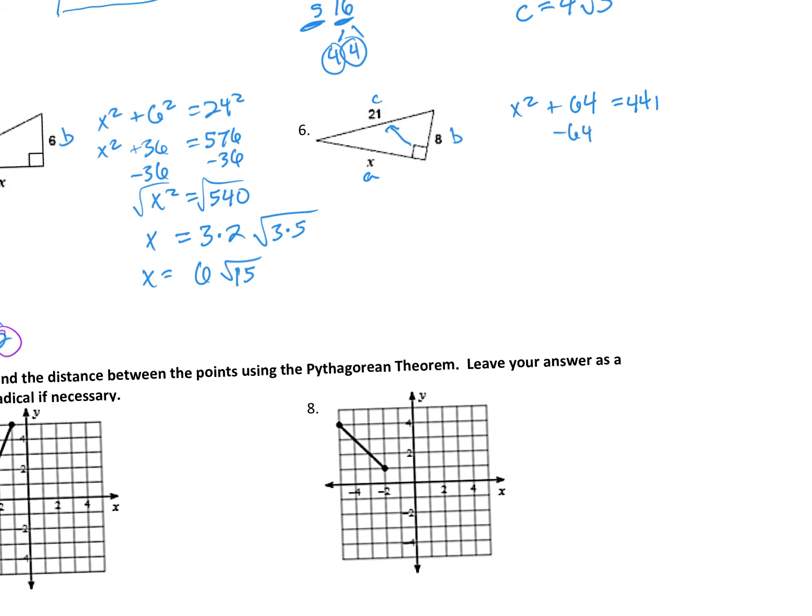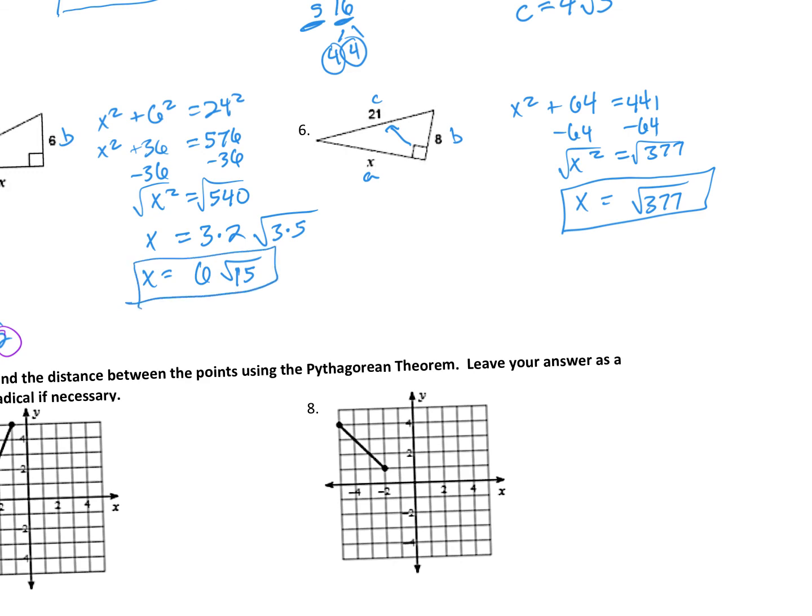Subtract 64 from both sides. X squared equals 377. I want to square root 377. 377 does not have a perfect square in it, so x is just the square root of 377. So these are my answers like so.